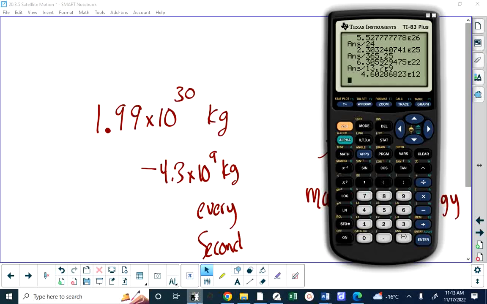Now, I think many of you understand that as the mass of the sun changes, the rate at which the energy is produced might change, and this number that it's losing per second is going to change. But assuming it kept up with this mass loss rate, how many seconds would it take to reduce to nothing? Well, let's divide the total mass by how much it loses per second, and we get the number of seconds. Well, we're not much better off than we were before, are we? You're talking about universe lifetimes.